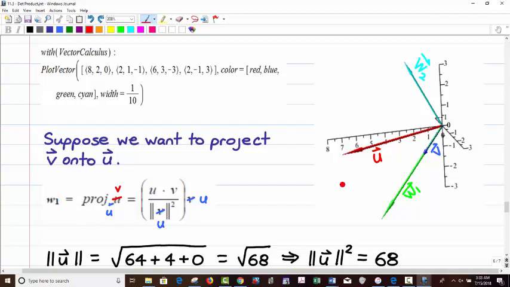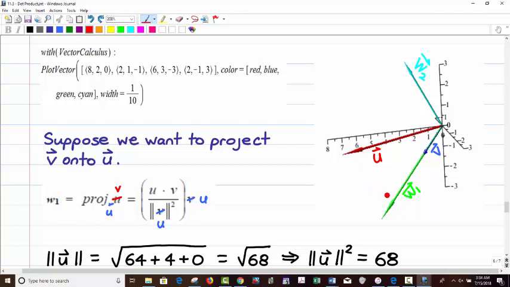They're all starting from the origin, which makes sense. But W2 could move down here, and W2 would actually fit right there. It's hard to tell, but it would be a 90-degree fit there. W2 would come in right there, and W1 plus W2 would equal u.